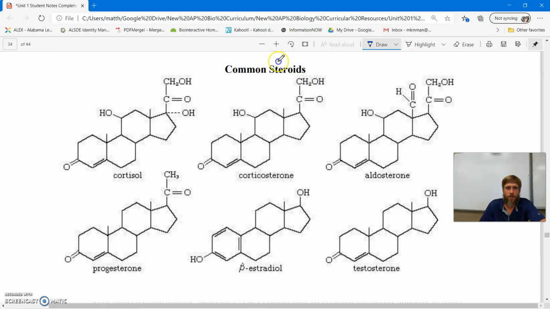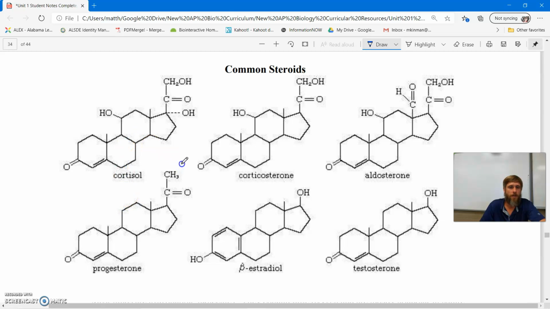So for the steroids, notice the similarities between every different steroid. So 4 carbon rings, each one of these little joints. Hopefully you learned that in chemistry. Each little joint has a carbon there.